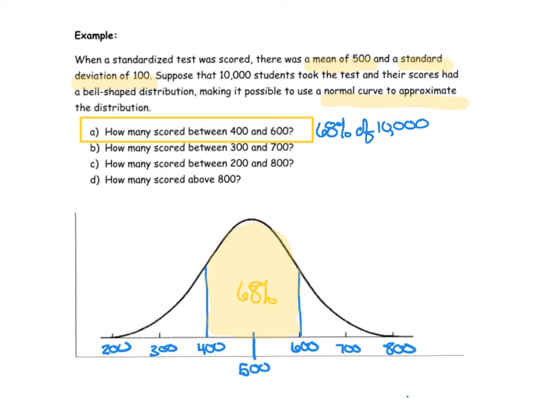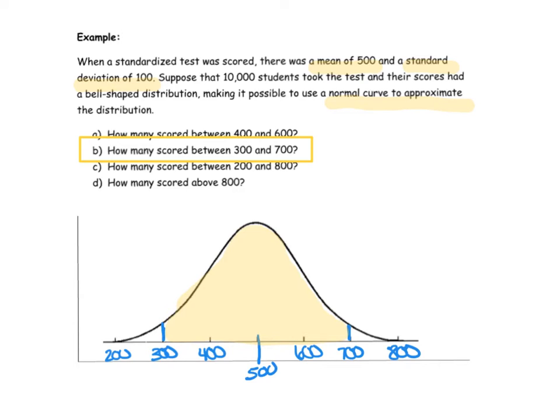So 68% of 10,000 students is going to give me a total of, so 68% is 0.68 or 68 over 100, multiplied by 10,000 would be 6,800 students that are going to be scoring between 400 and 600.